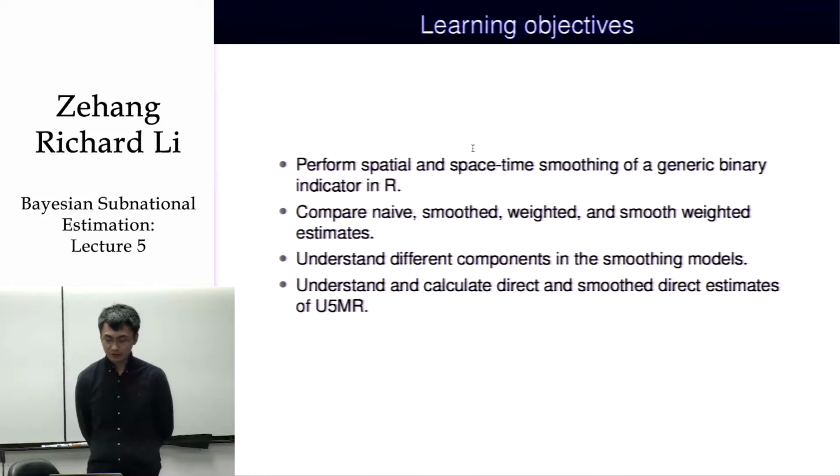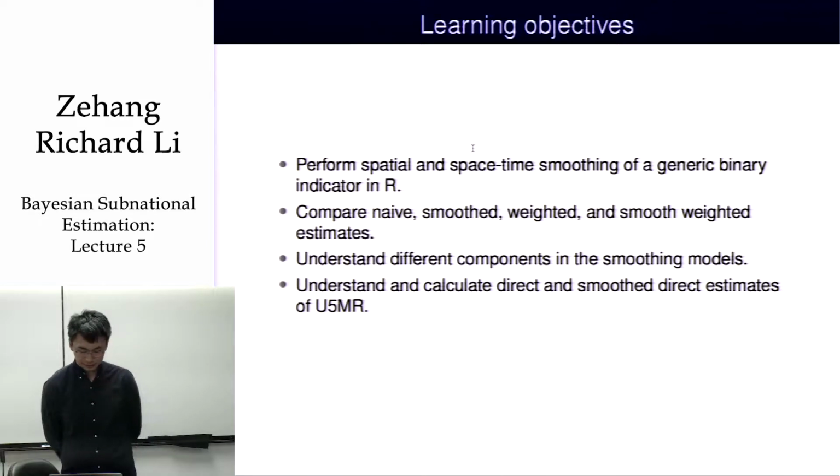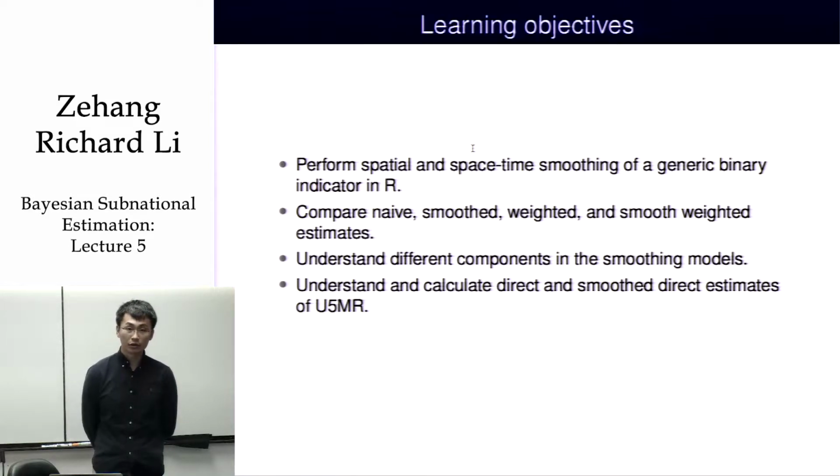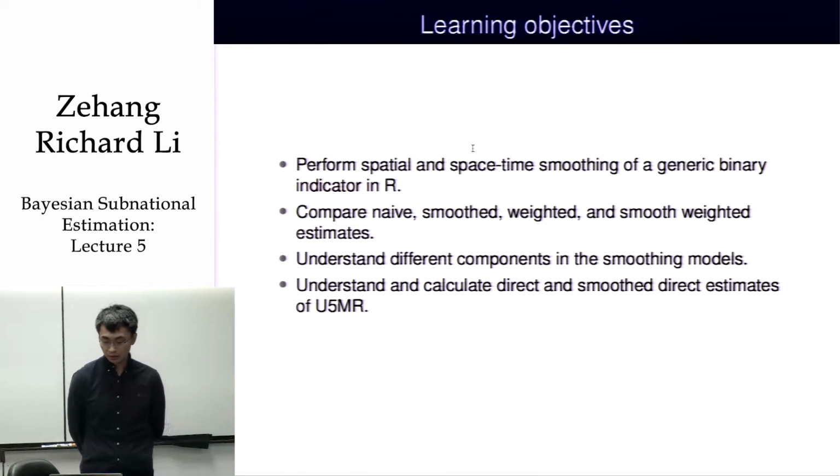We'll compare naive, smooth, survey-weighted or design-based, and smooth and weighted estimates. We're also looking at different components in a smoothing model and how to adjust them in the summer package. And of course, at the end of the day, we will be studying the example of U5MR, comparing the direct and smooth direct estimates of U5MR.